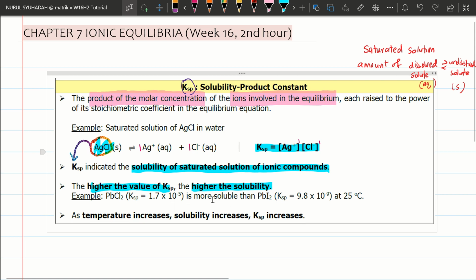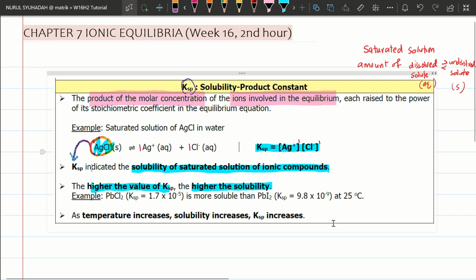Okay, it is more soluble than PbI, which has KSP 9.8 times 10 to the power of negative 9 at 25 degree Celsius. And yes, like I said earlier, the value of KSP adalah constant. But as soon as the temperature changes, the value of KSP will change. So dekat sini, as temperature increase, solubility will increase. So KSP will also increase.